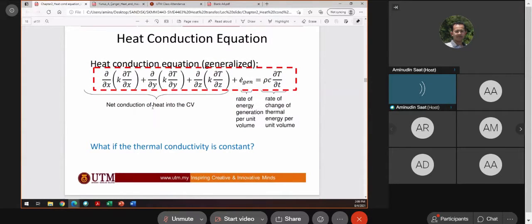This is the general heat conduction equation that you may use for any kind of problem related to the three-dimensional case of Cartesian coordinates. So from this equation we need to identify what the boundary condition is.